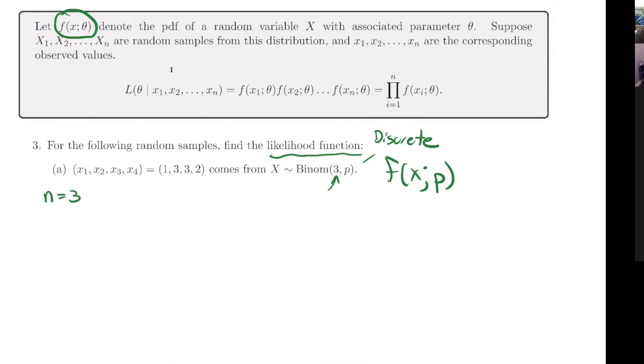The idea is you're repeating something 3 times and counting the number of successes. The first time there was 1 success. The second time, all 3 were successes. All 3 were successes again. And on the 4th sample, we got 2 successes. Now, based on the number of successes we got out of all of these trials, what do you think the value of P is? That's what we're going to try and do.